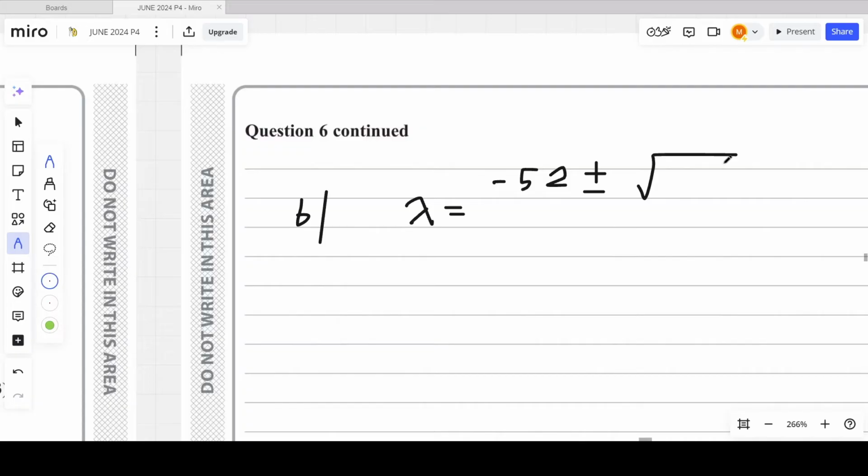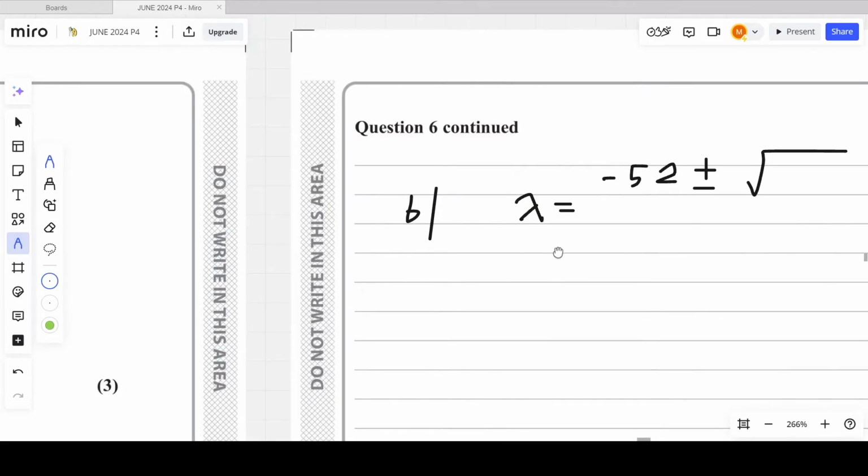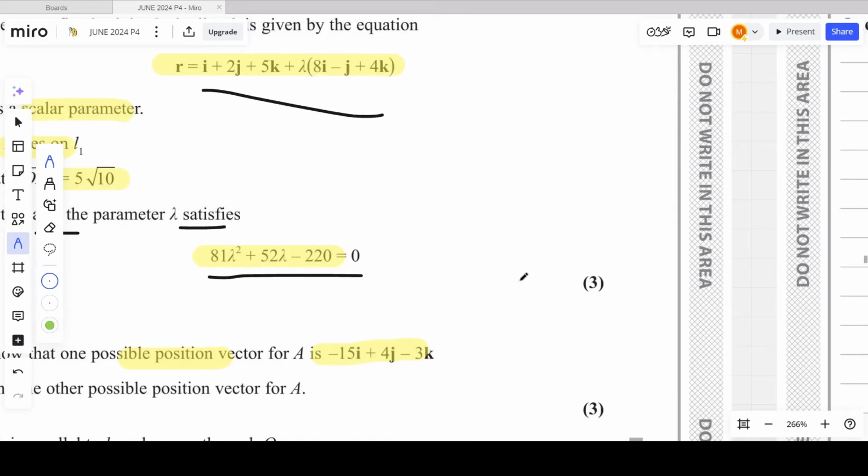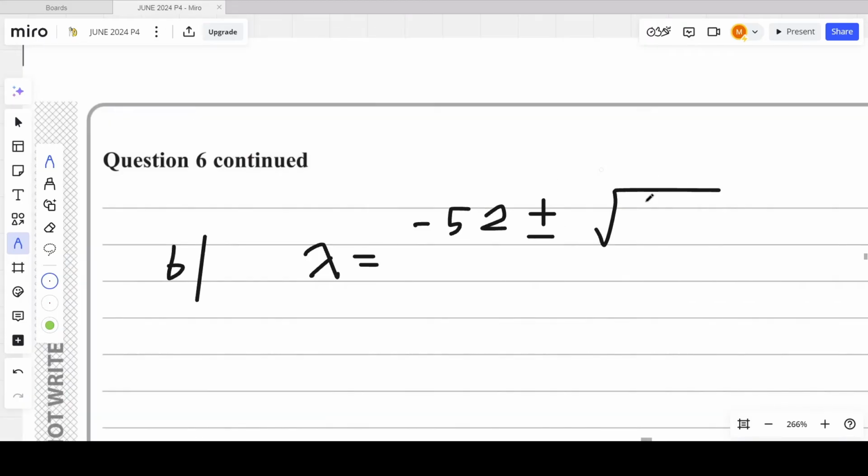So b squared is 52 squared, and 52 squared plus 4 times 81 times 220. Since it is negative 220, it will be b squared plus 4ac. Okay, so we got 73,984.